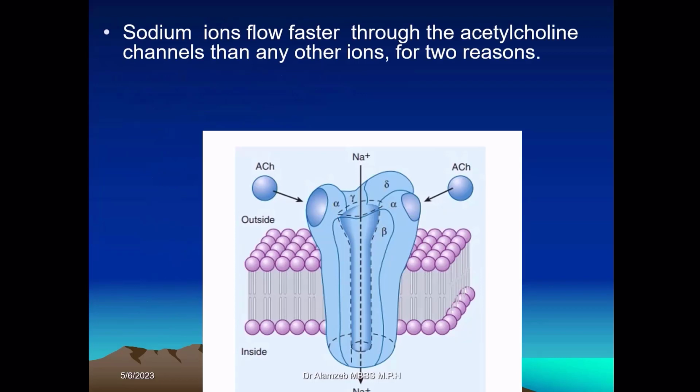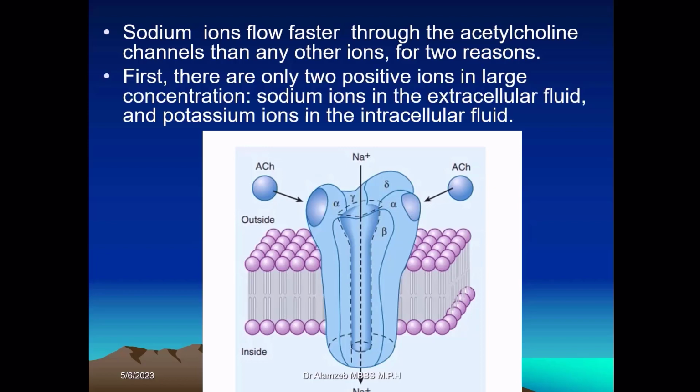When the channel is open, sodium ions flow faster through the acetylcholine channel than any other ion, for two reasons. The sodium rushing to the inside is faster than any other positive ion present outside the membrane. First, there are only two positive ions in large concentration: sodium ion in the extracellular fluid and potassium ion in the intracellular fluid.